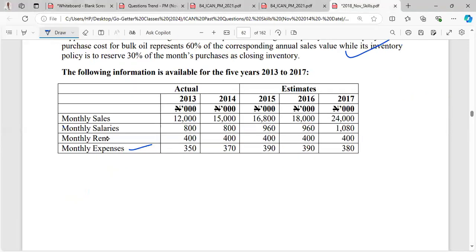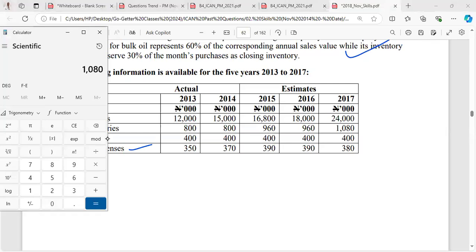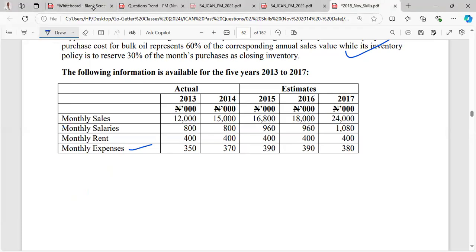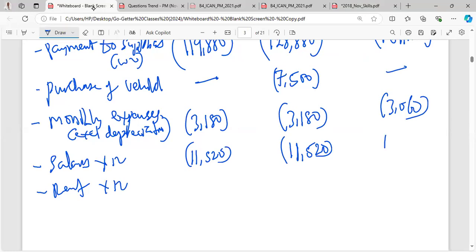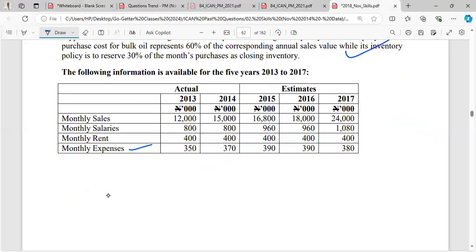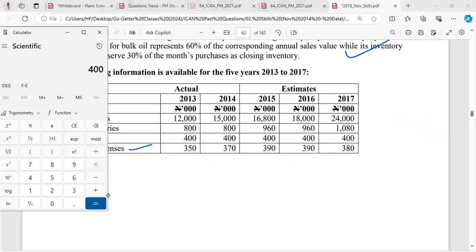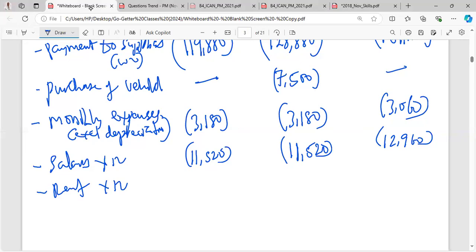Then we have 1,080 times 12, which is 12,960. Then we go to rent. It's 400 times 12, 4,800. So we put 4,800 all through.